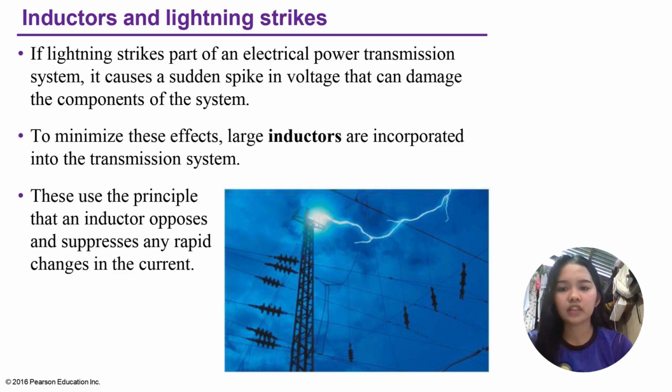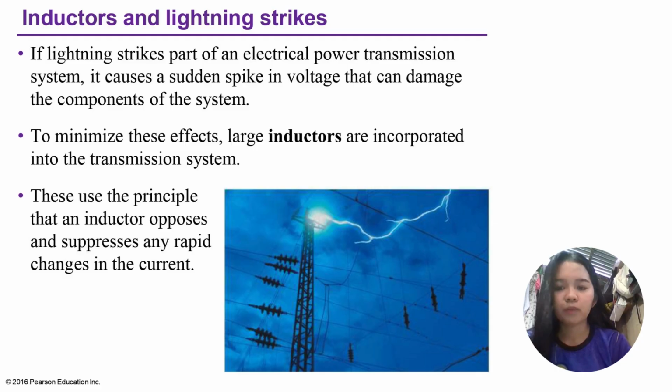Inductors play a crucial role in protecting electrical systems from sudden surges such as those caused by lightning strikes. Lightning strikes can induce enormous voltage spikes in power transmission lines, potentially damaging sensitive equipment. To mitigate this, large inductors are incorporated into the transmission system.